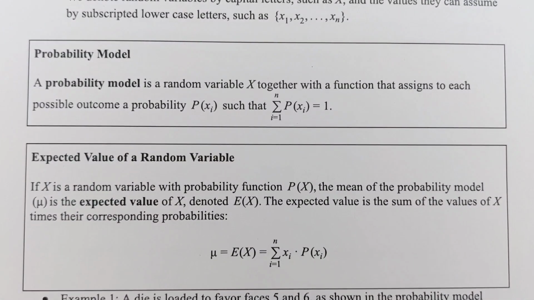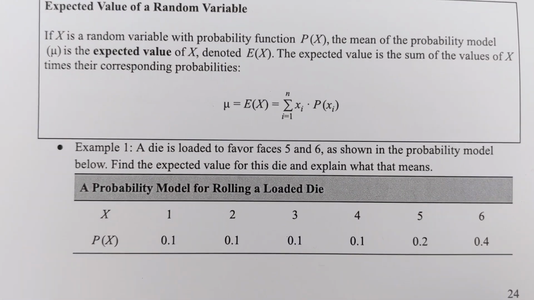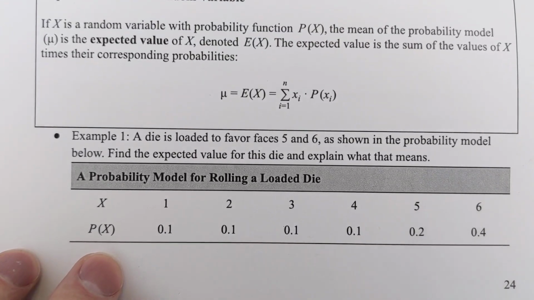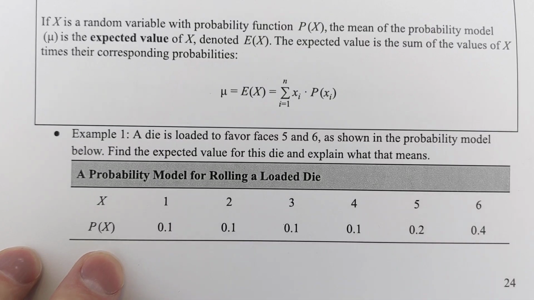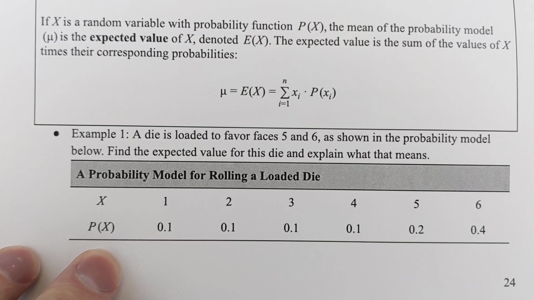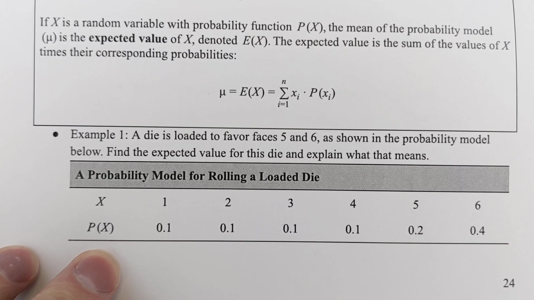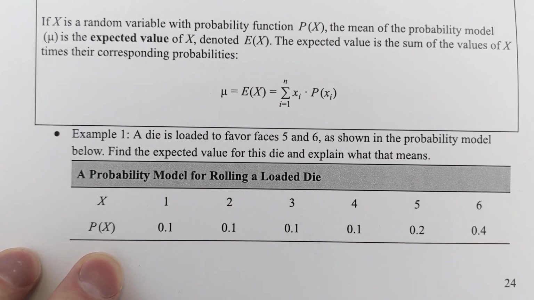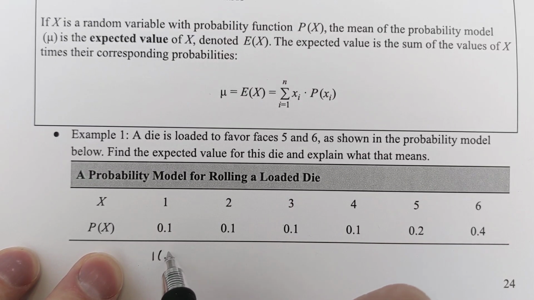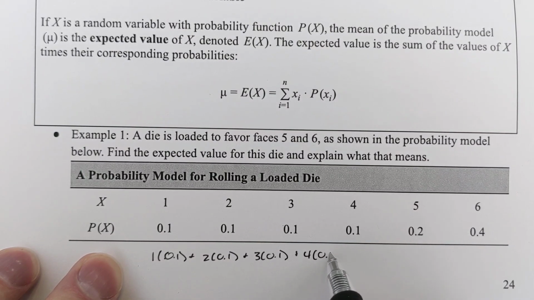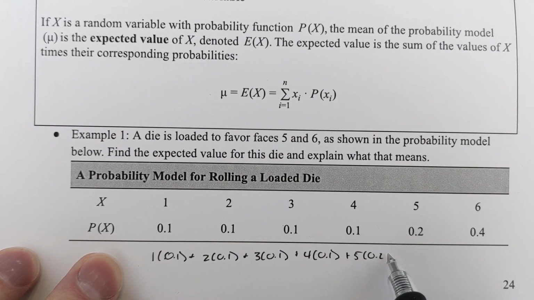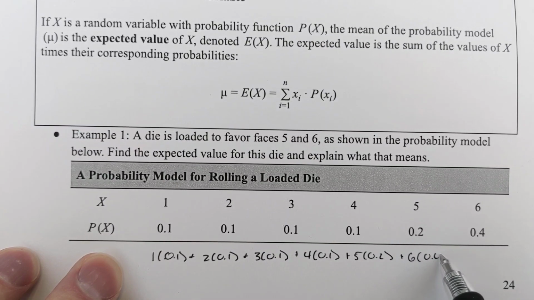If you look at example 1 here, it says a die is loaded, so this favors faces 5 and 6. It's weighted, it's not fair, as shown in the probability model below. Find the expected value for this die and explain what it means. So we take each value times its probability: 1 times 0.1 plus 2 times 0.1 plus 3 times 0.1 plus 4 times 0.1 plus 5 times 0.2 plus 6 times 0.4.